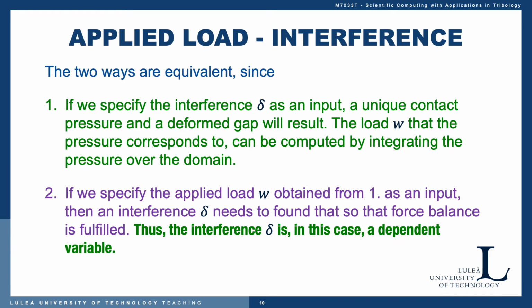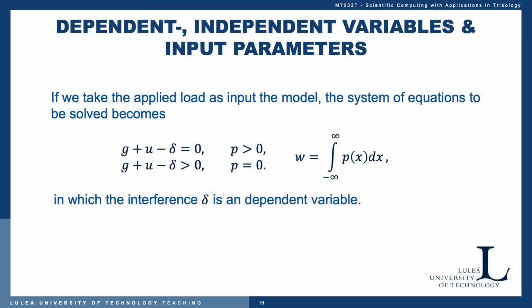In this latter case, the interference is no longer an input parameter. It is now a dependent variable of the system, which must be augmented with the expression for the force balance, i.e. Newton's first law. So we have a system comprised of the complementarity problem and a force balance condition. And then we solve this system of equations and we obtain the pressure and delta, which are the two main dependent variables of that system.